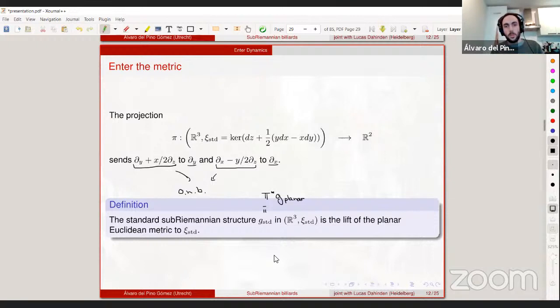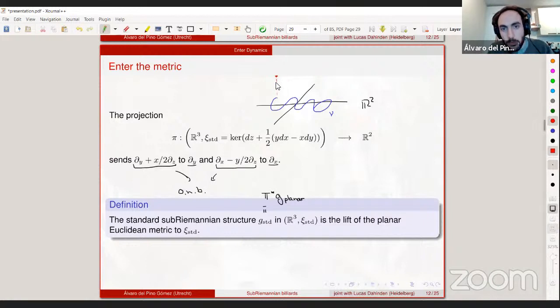Now let me do a little picture, because this is the game we're going to play next. If here I have R2, and here I have some planar curve nu, then the following is true.